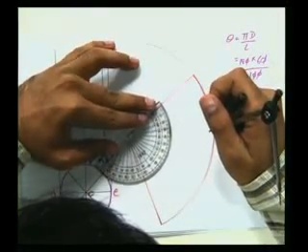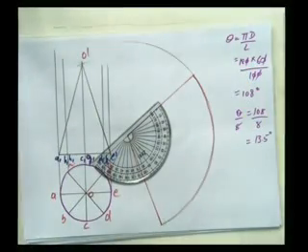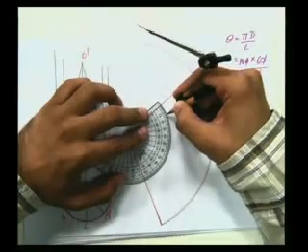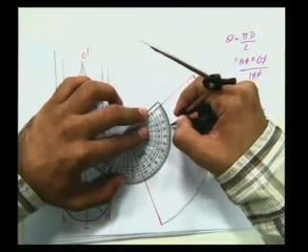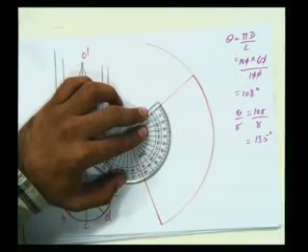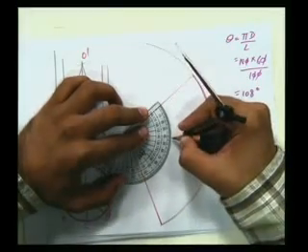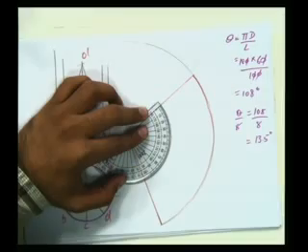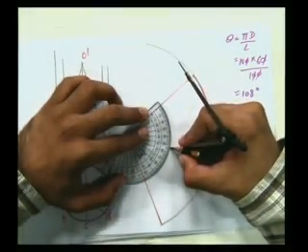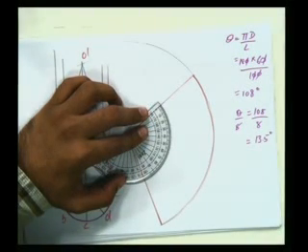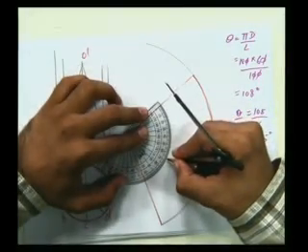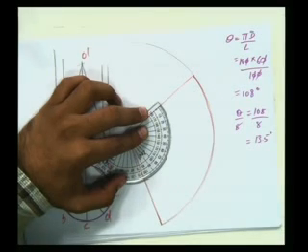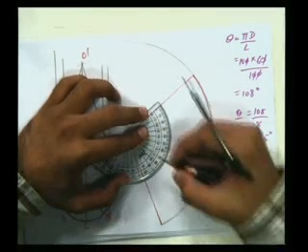Okay, for that we need the multiples. First I'll mark 13.5, approximately this, then 20. 13.5 into 2 is 27, so it will come around here. 13.5 into 3 is 40.5, somewhere here. 13.5 into 4 is 54. 13.5 into 5 is 67.5, which is here. 13.5 into 6 is 81 degrees.